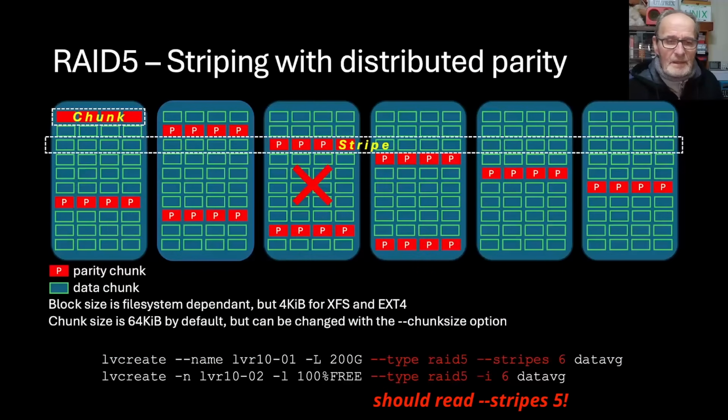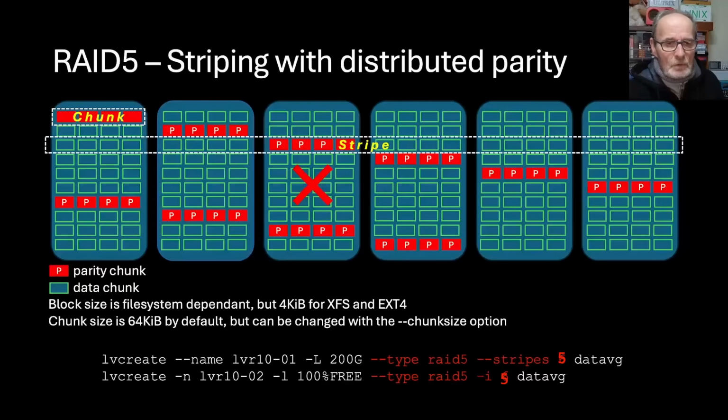RAID 5, now this is a bit of an eyeful of stuff here, but it's striping with distributed parity. Parity is an unbelievably simple but effective error detection mechanism. On each disk, the data in a stripe on a disk is known as a chunk.